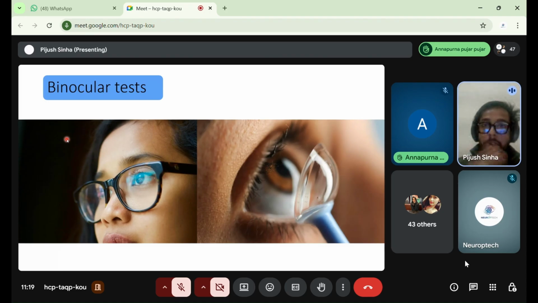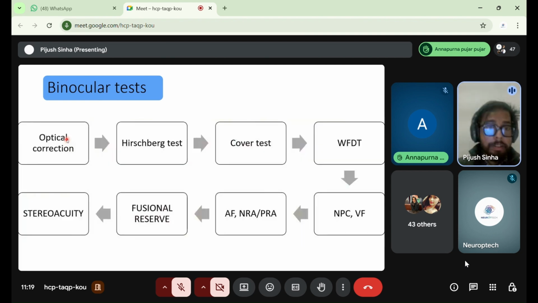Whenever I get patients with corneal ectasia, first of all, I refer the patient to my contact lens specialist, and then after the patient gets adapted with the contact lens, it can be soft toric or RGP, Rose K contact lens. There are a bunch of Rose K contact lenses, also scleral contact lenses. After he gets adapted with it, CXL can also be done with the patient. Then I call the patient for binocular assessment.